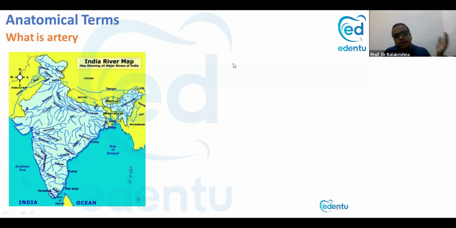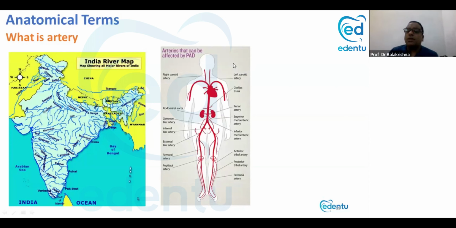From the river, the water will be taken by government officials in a water irrigation department. They will recycle it, purify it, add chlorine and all, and then it comes as a connection. Similarly, in our body, arteries pass through from an organ. The blood will be taken from the structures it passes, and impure blood will be given to veins.